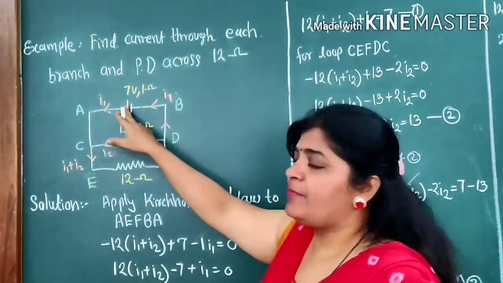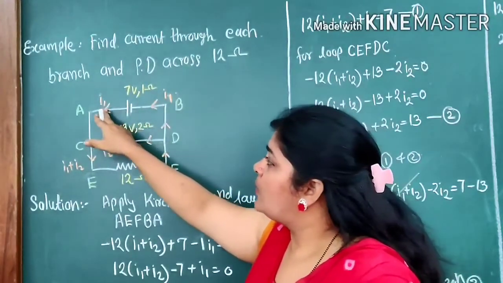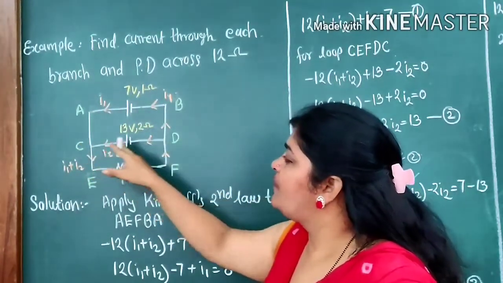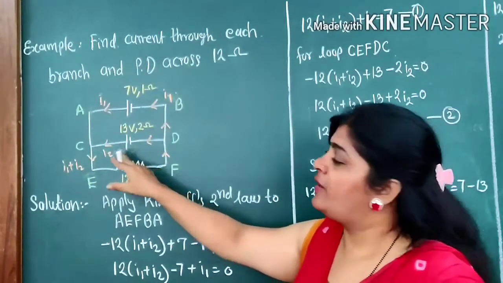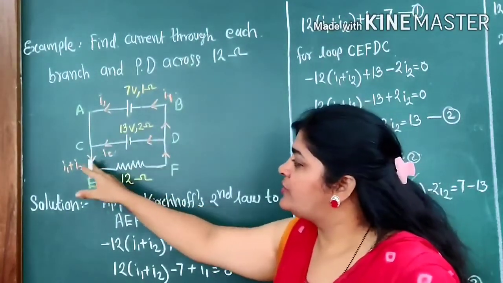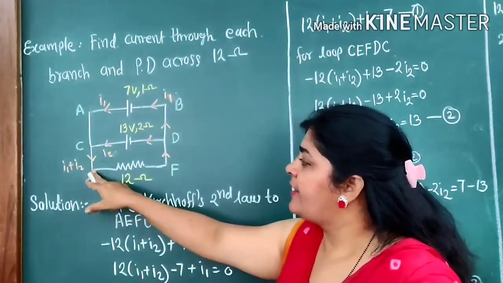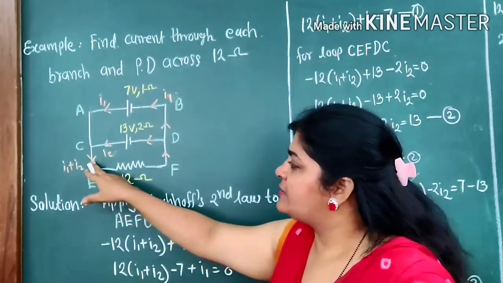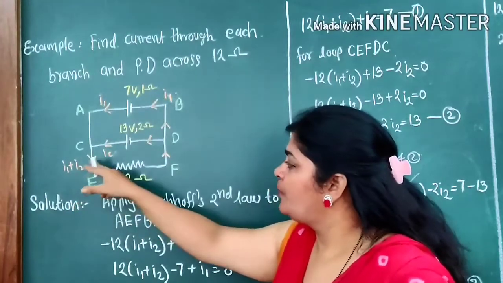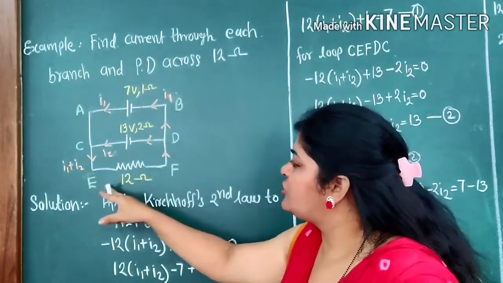Due to EMF E1, current I1 flows through this branch. Due to the other EMF, current I2 flows through this branch, and these two currents add here, so I1 plus I2 flows through the branch EF.